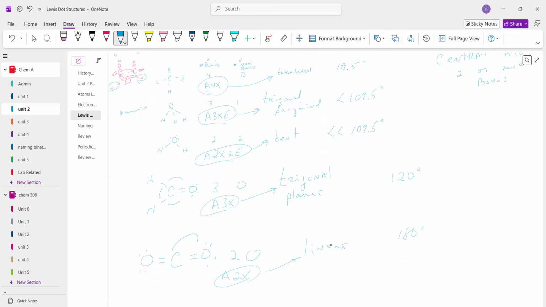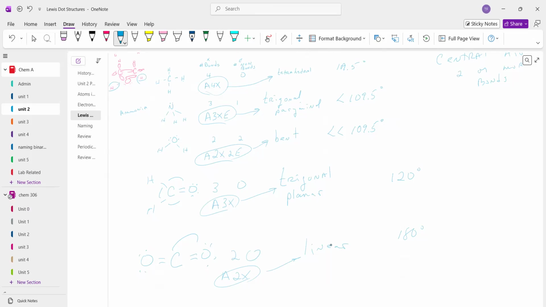Yeah, I don't get how you got 2-0 for the last one. So 2 bonds, yeah, two groups. I counted the two double bonds as a group. So a double bond is a group. It could be a triple bond also, that's a group of one.